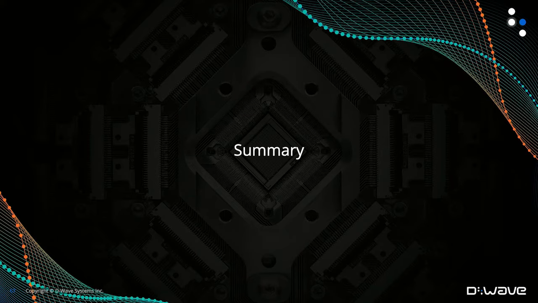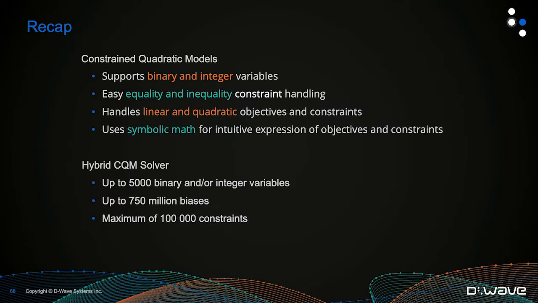Okay, so in summary, we saw or were reminded that the CQM solver supports binary and integer variables. I just showed an example that uses binary variables, but we have examples on LEAP that also use integer. We saw how easy it is to add equality and inequality constraints now to CQMs.